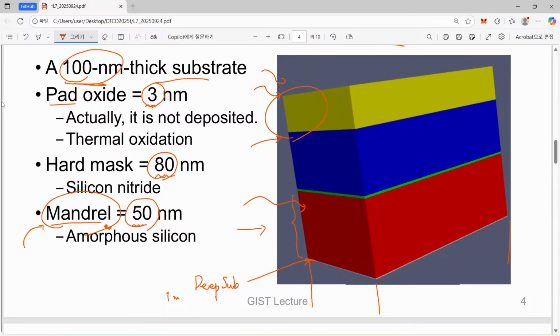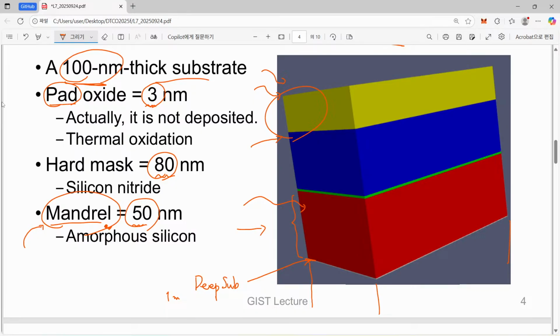Now, although it is given as 100 nanometer, it is just a shortened form of our deep substrate. And here we have a peroxide. Its value is only a few nanometer.